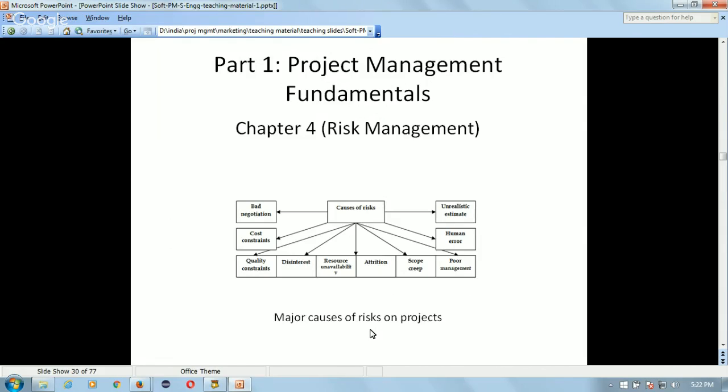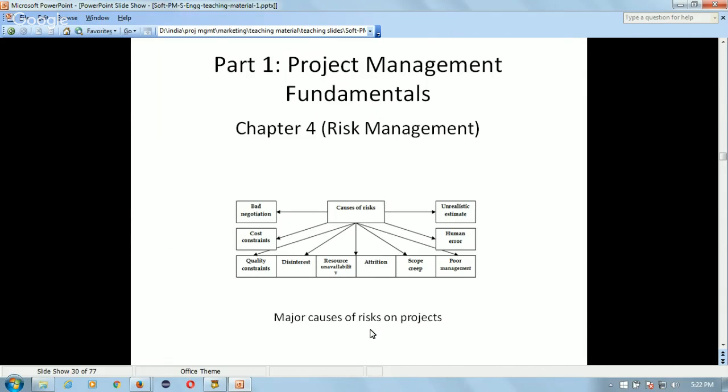It is also a major risk, because the customer may like to wind up the project instead of going ahead and completing it if they are not interested any longer. Then resource unavailability. If the resources are not available, it is a major risk, because the project tasks could not be completed on time.